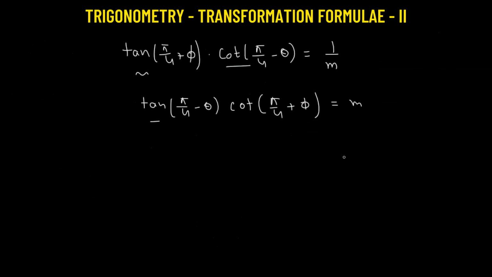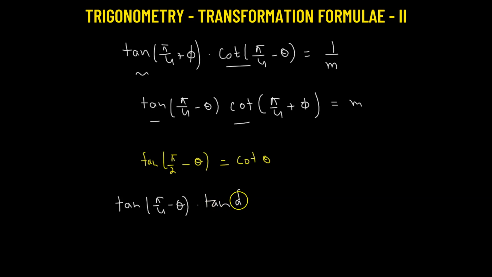So that's fine. Here we have to convert this cotangent function to the tangent function. So we're going to use the fact that tangent of pi over 2 minus theta corresponds to cotangent of theta. So we can rewrite our expression. We have tangent of pi over 4 minus theta. This cotangent function will be simply tangent of pi over 2 minus the angle.